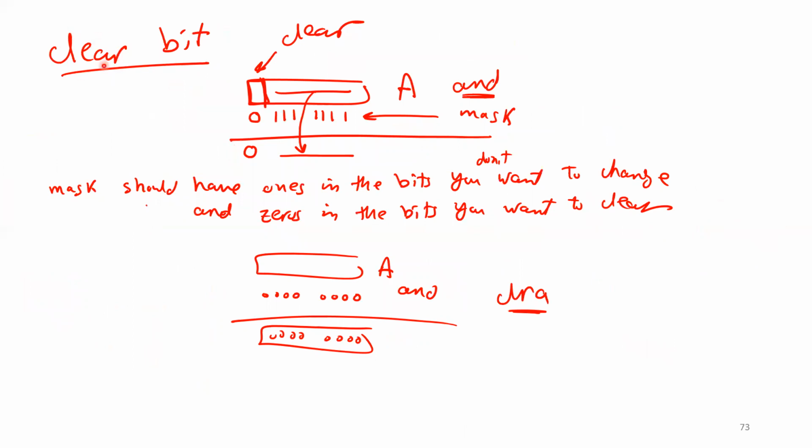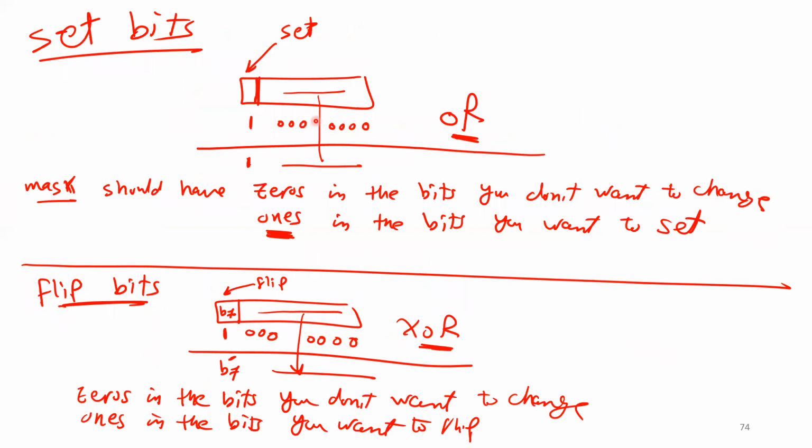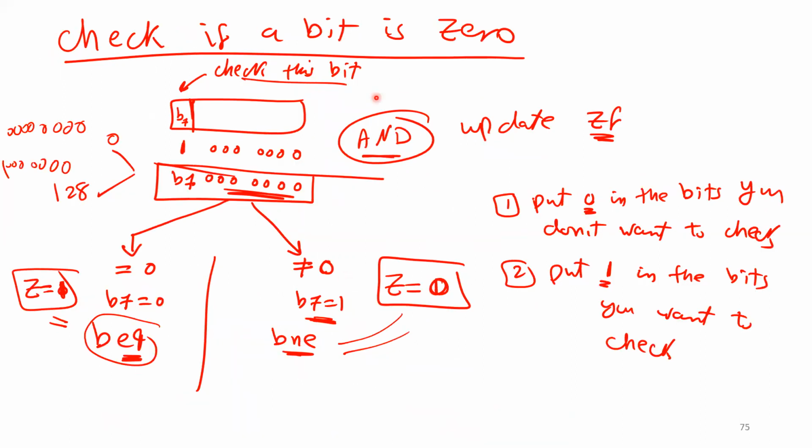If you want to clear some bits, you put 0 where you want to clear and put ones elsewhere. But if you want to set, you put 1, and 0 means no change. This sometimes confuses students, but you need to learn it. Also, if you want to flip some bits, you put 1 and then zeros elsewhere. You have to learn it. If you want to check some bits, the bits you want to check, you put 1, and the bits you don't want to check, you put zeros. Okay? Any questions?